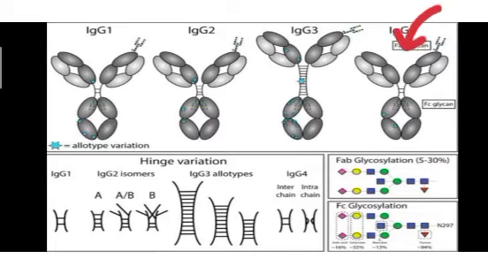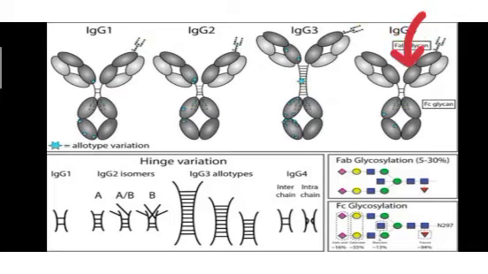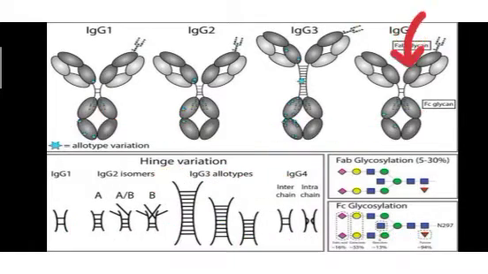In the past, testing for immunoglobulin G4 has been associated with food allergies, and recent studies have shown that elevated serum levels of immunoglobulin G4 are found in patients suffering from sclerosing pancreatitis, cholangitis, and interstitial pneumonia caused by infiltrating IgG4 positive plasma cells. The precise role of immunoglobulin G4 is still mostly unknown.